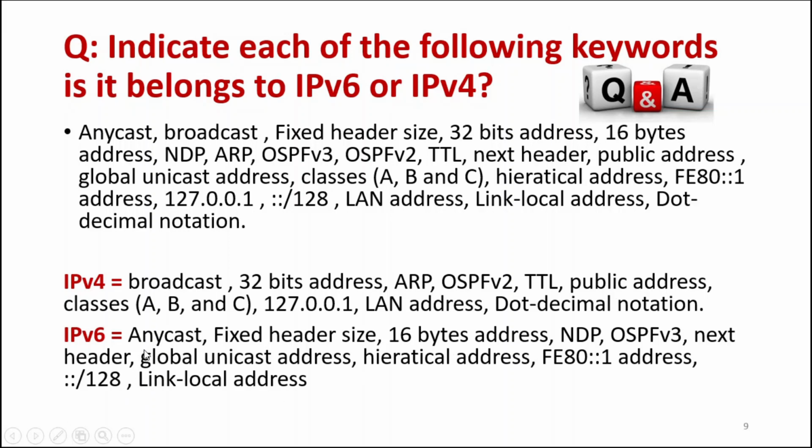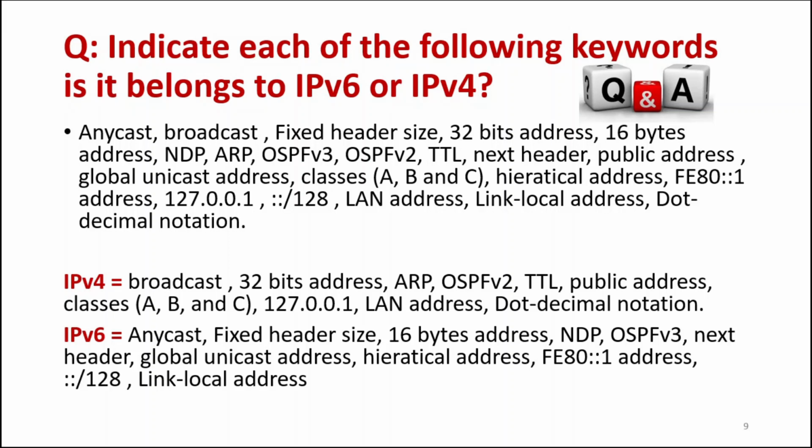It is a routable address in V4, and here it is a routable address in V6. Then public address should be related to IP version 4, and the global unicast address to V6.